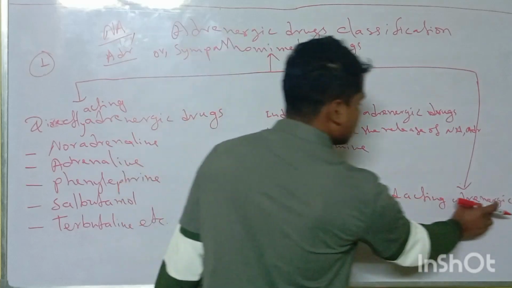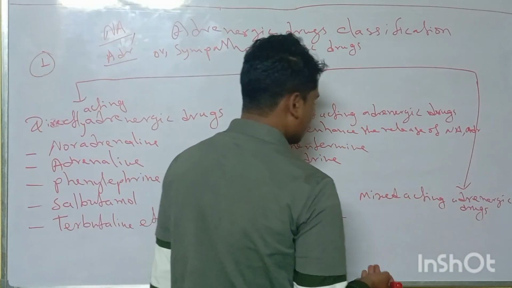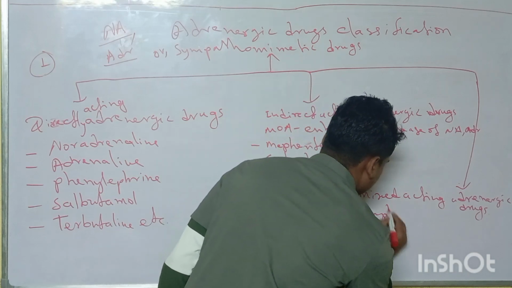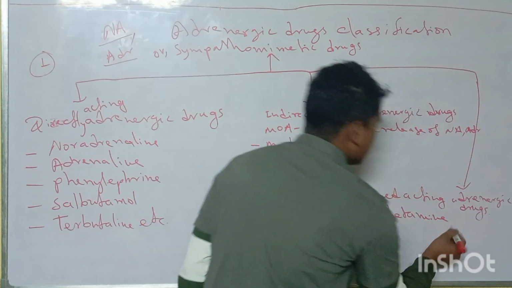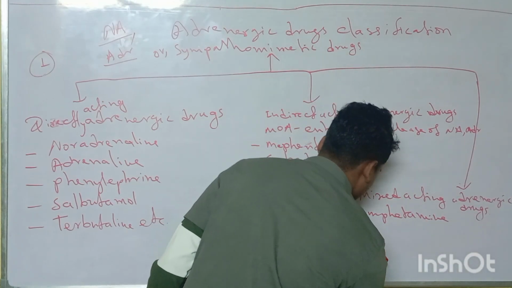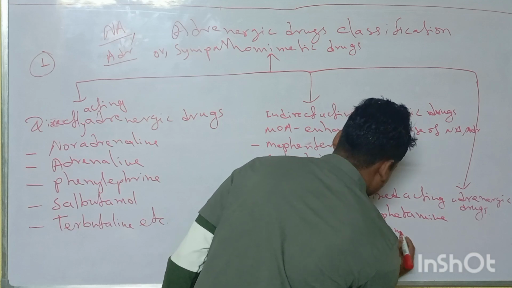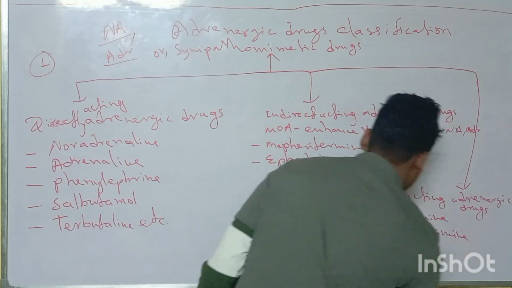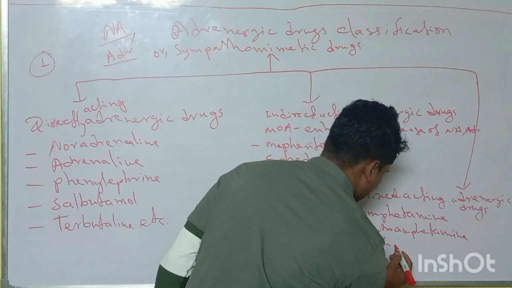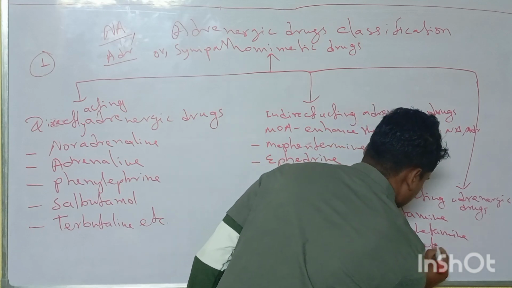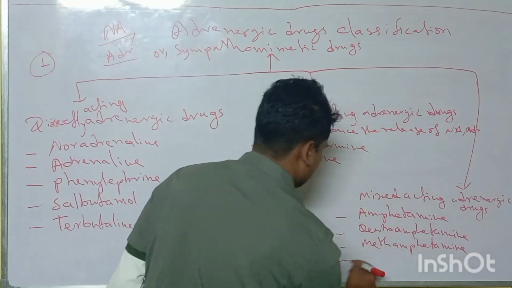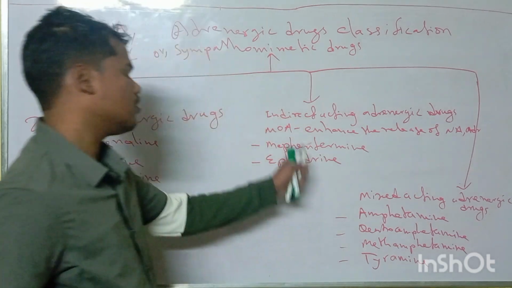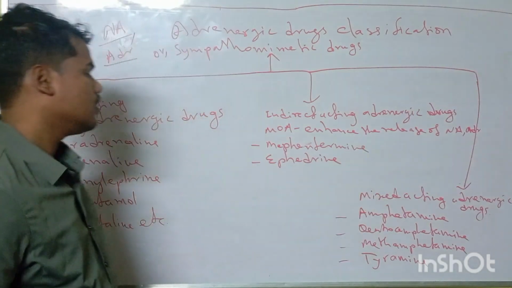Examples are amphetamine and its congeners like dextroamphetamine, methamphetamine, tyramine, and some other drugs.